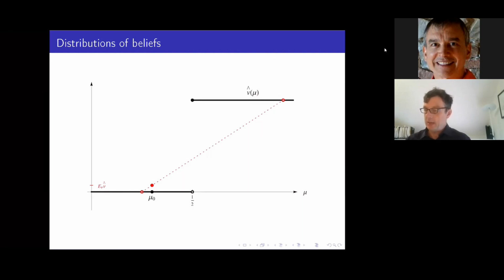Okay. So now you may ask yourself, how can I place these two red points on the upper and lower line so that the convex combination of the two gives me the prior and in fact pushes the probability of conviction as high as possible? Yes.